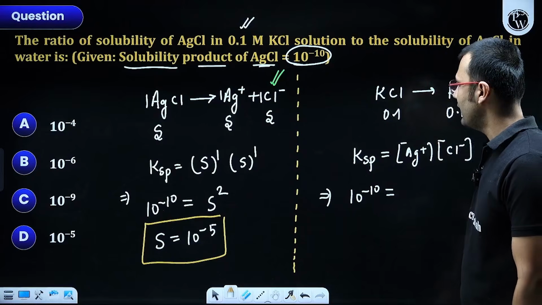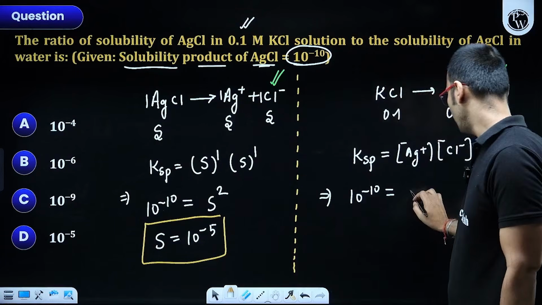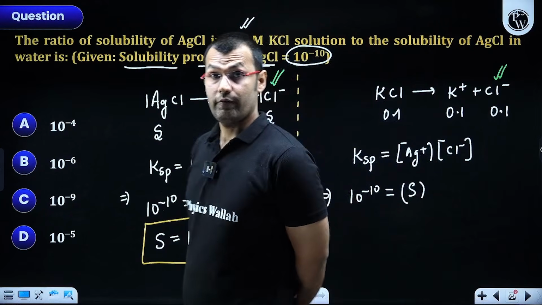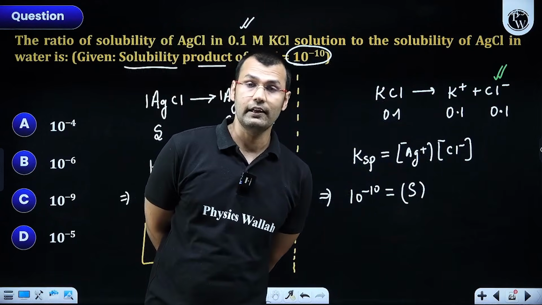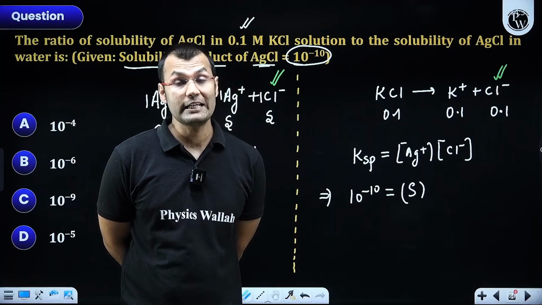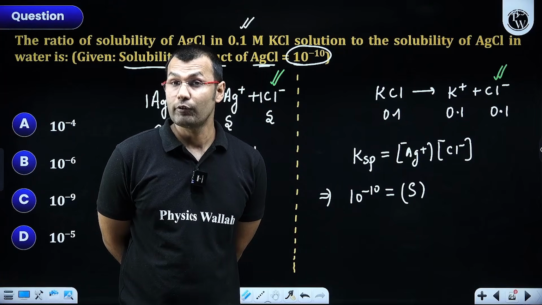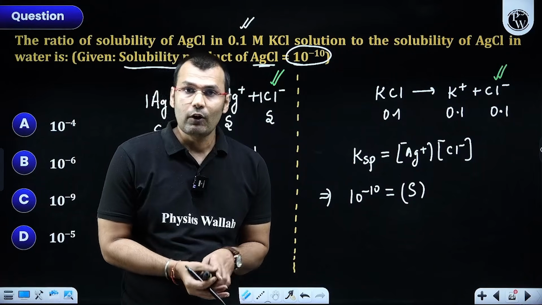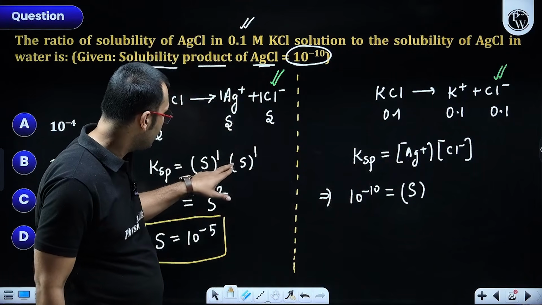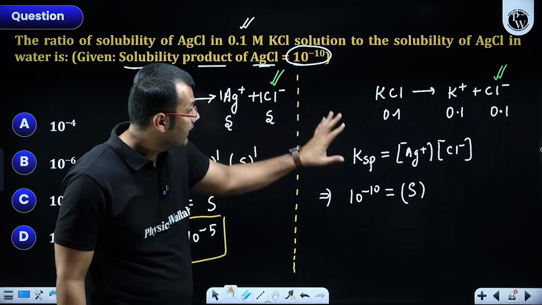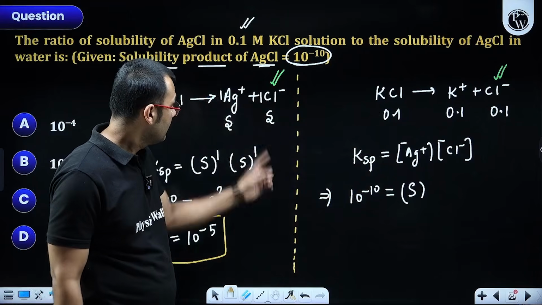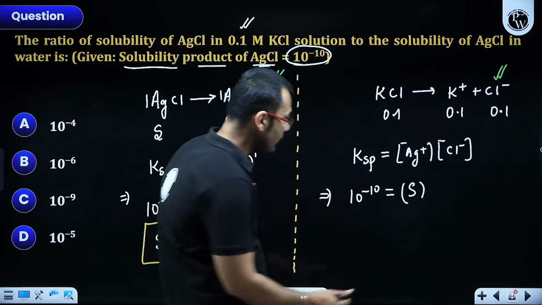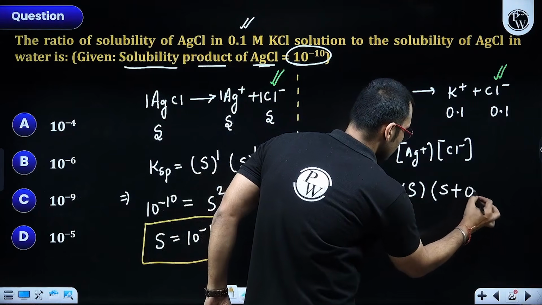The concentration of Ag plus, let's say it is S, solubility is S. But in the presence of KCl, please focus, because chloride is a common ion, and I have told you that for a common ion in any calculation you need to take the total concentration. So without KCl, the concentration of chloride we were taking S. But with KCl, now the concentration of chloride ion will be S from AgCl and 0.1 from KCl. So its concentration will be S plus 0.1.